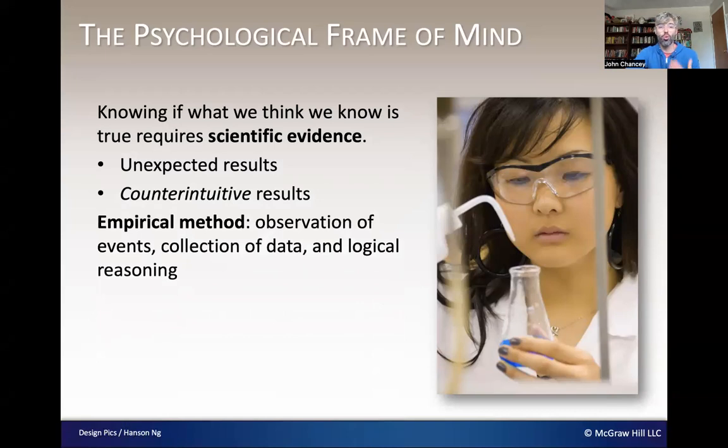Science is driven by this empirical method: gathering data, using observable events, and using logical inferences and reasoning to explain what we're seeing in the data. We want to be open and curious about the data, not locked in or rigid about what we hope to see, because then our results are biased and we may be cutting ourselves off completely.